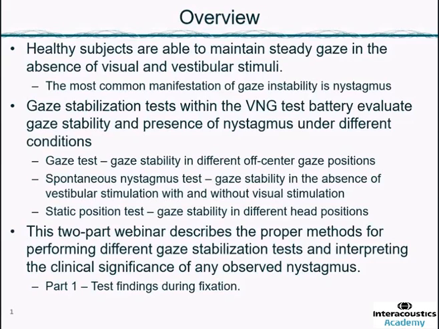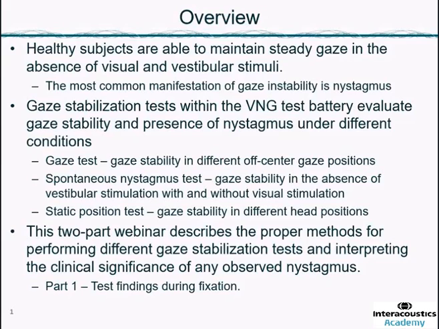If they fail in that, for a variety of reasons that we will discuss later on, they will have gaze instability, and the most common manifestation of this gaze instability is nystagmus, which we'll be discussing the rest of this webinar. Gaze stabilization test and the VNG test battery are designed to evaluate the gaze stability and presence of nystagmus under different conditions.